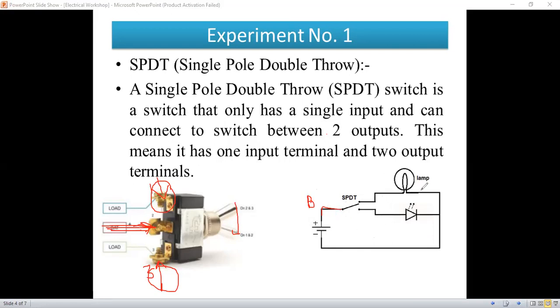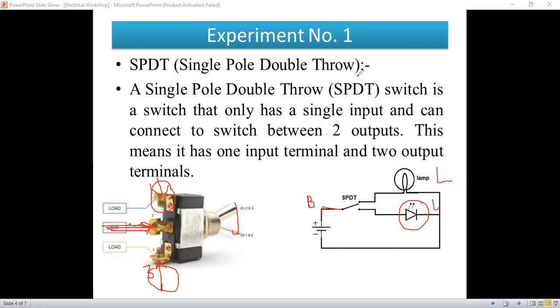And at the output side there are two types of load. One is the lamp load and another one is, what is this? काय आहे? Hello, what is this? Anyone? Diode.